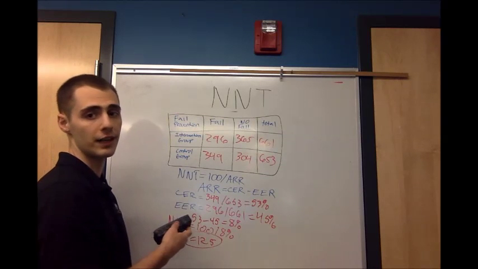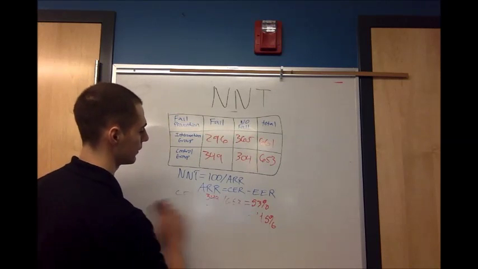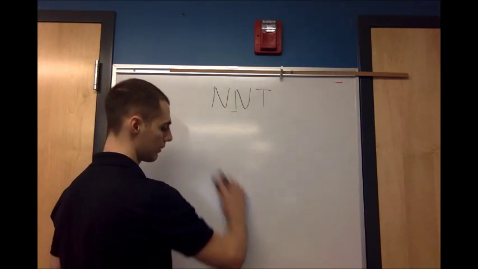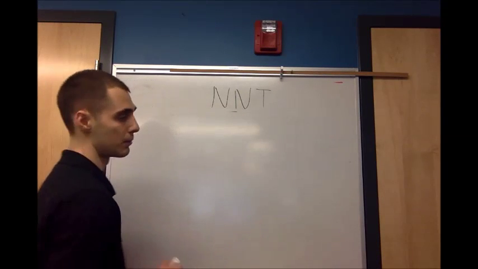Now, we can also look at this a little bit differently. So I'm going to erase this, and we're going to look at a bar graph to describe this data as well.